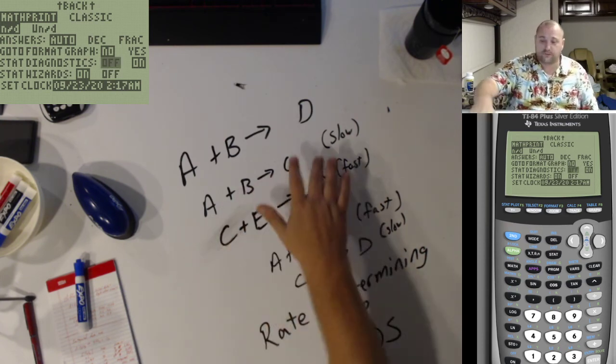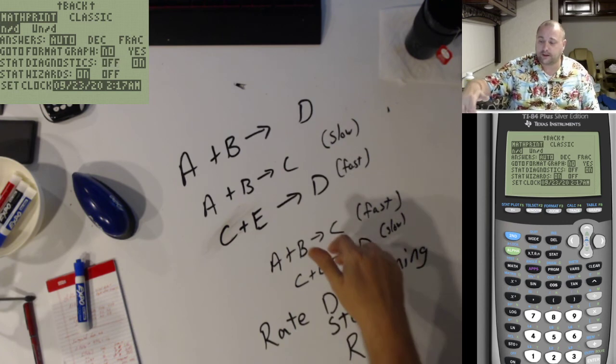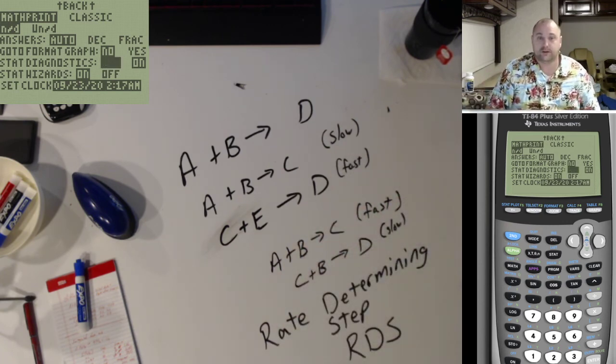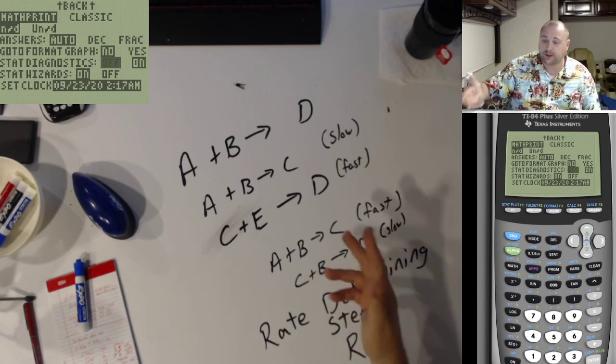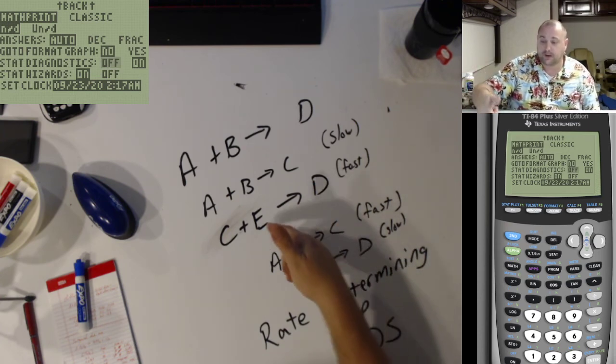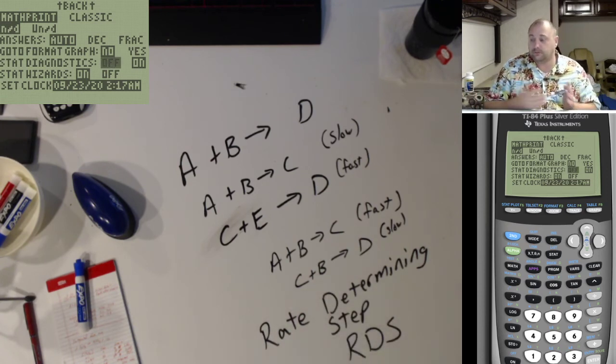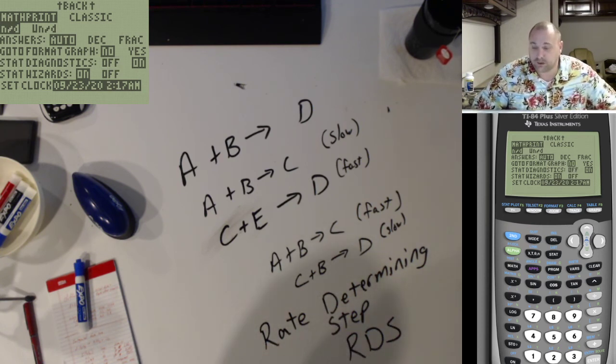And so we could figure out what the rate laws would look like for the different steps, and then we would match it to our data. And if the data told me, hey, it had no dependence on E, or hey, it really depended on B, that it shows up in that rate determining step, then that's going to be really important to us.